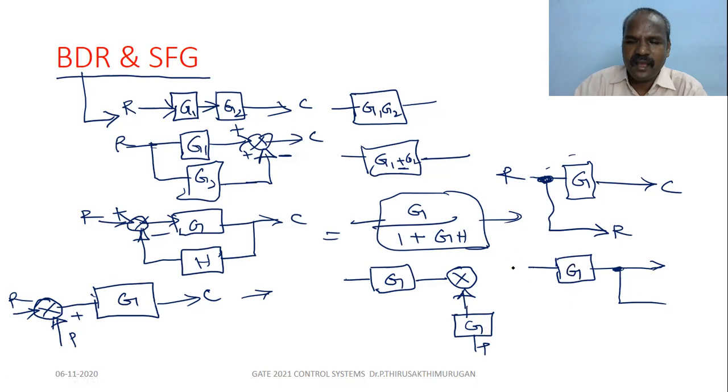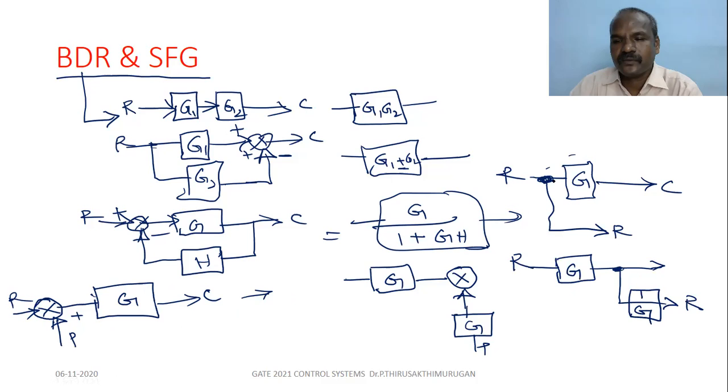To get the same R here, we have to put a gain of 1 by G. If you shift the summing point from before to after, the gain is G. If you shift the takeoff point from before the block to after the block, we introduce a gain of 1 by G. If you shift it to ahead of the block, you simply put G. These are the simple points to be remembered while doing the block diagram reduction.